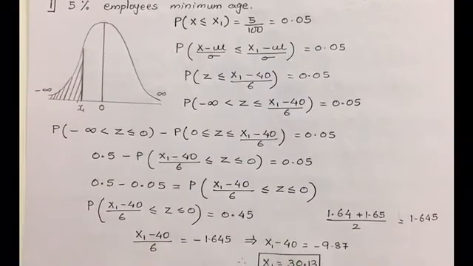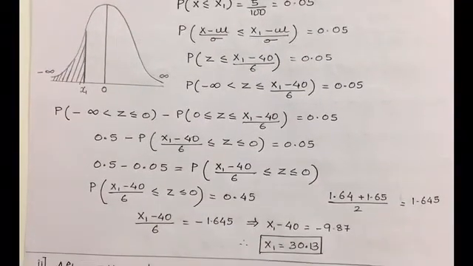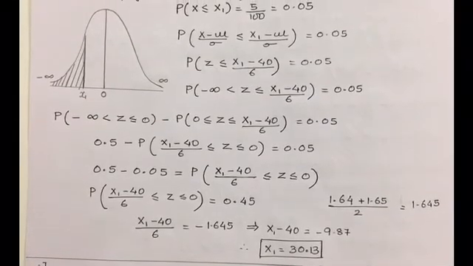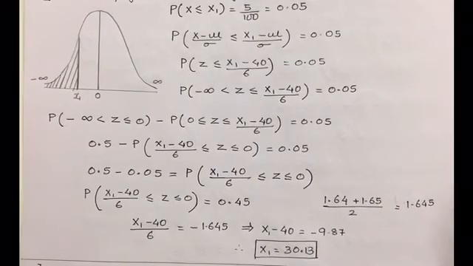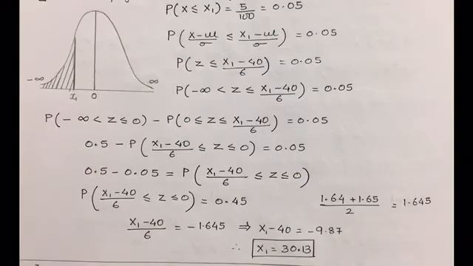Now calculating 0.5 minus 0.05, we get 0.45, and taking the Z value of 0.45 from the table, the Z value is the average of 1.64 plus 1.65 divided by 2, that gives 1.645.